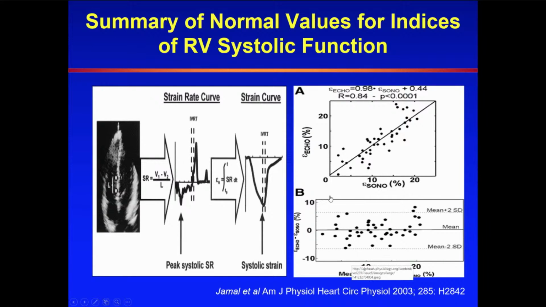I would also draw your attention to this Bland-Altman plot, which shows you, even though this is probably one of the best settings as opposed to human studies, there is still a wide interval if you consider the mean plus 2 standard deviations and the mean minus 2 standard deviations, from plus 8% to close to -6% or so. So pretty wide range.